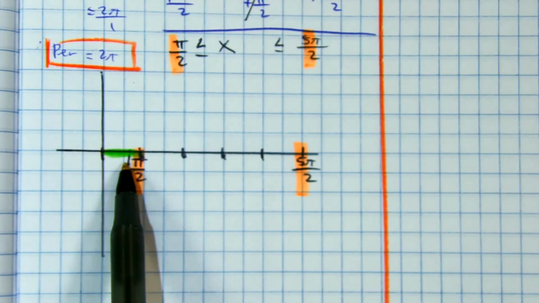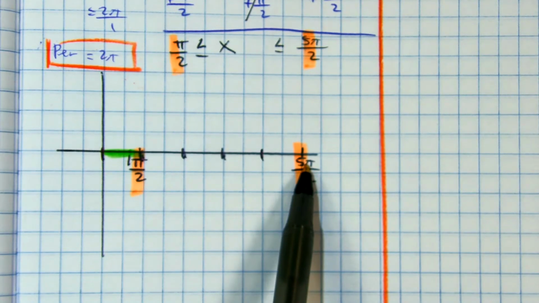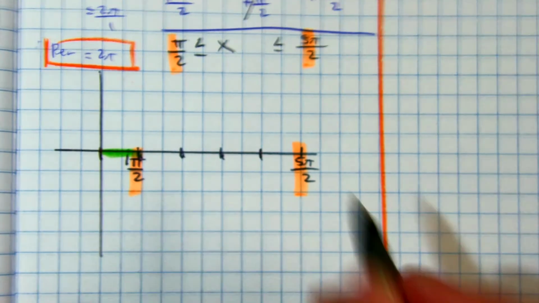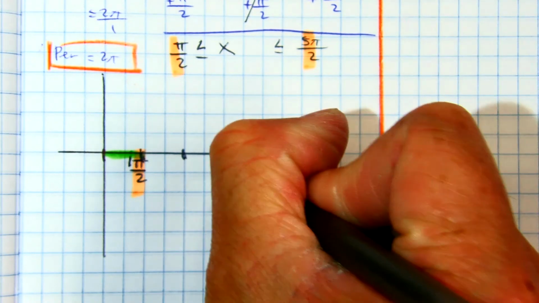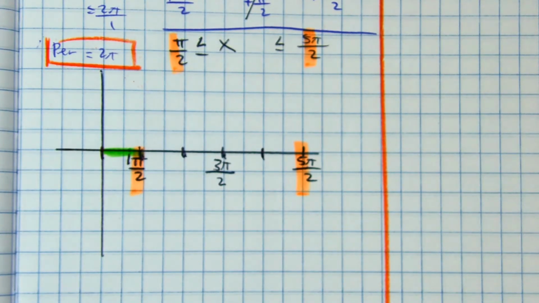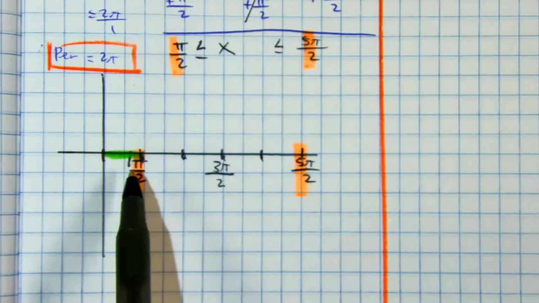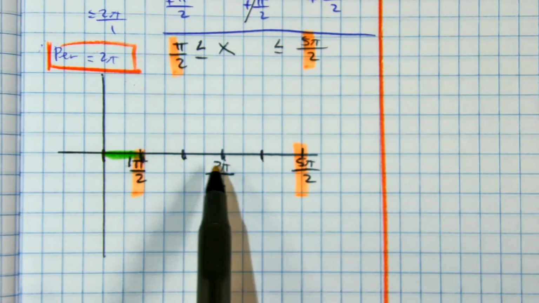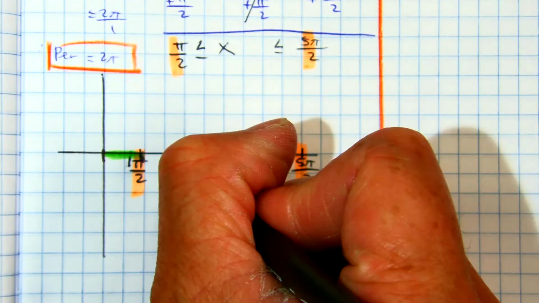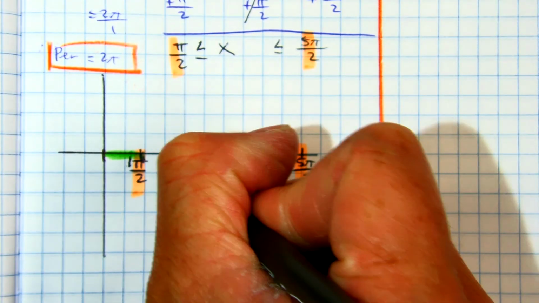Class, 1 plus 5. And 6 divided by 2 is 3. 3 pi over 2. Class, can you see a pattern here? What am I counting by? Ones. So this one's going to be what? 2 pi over 2, or just pi.